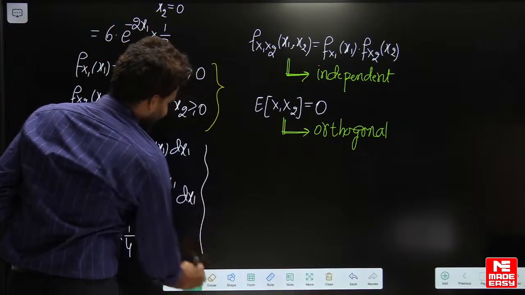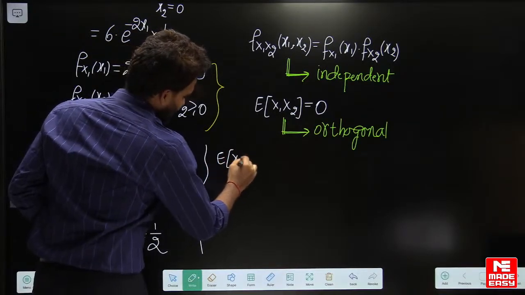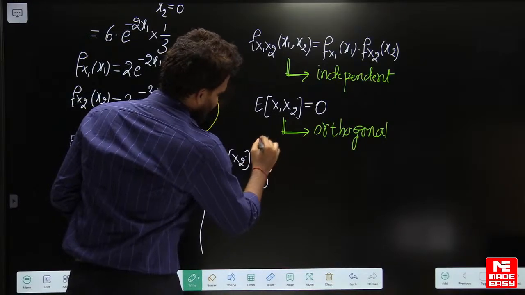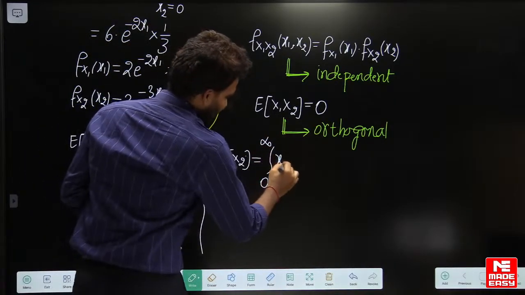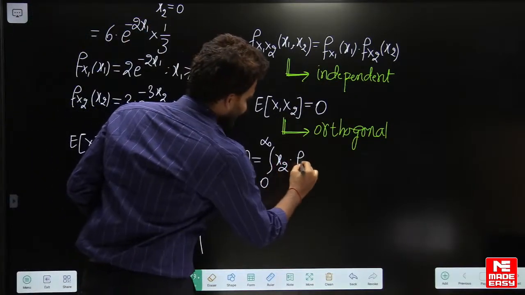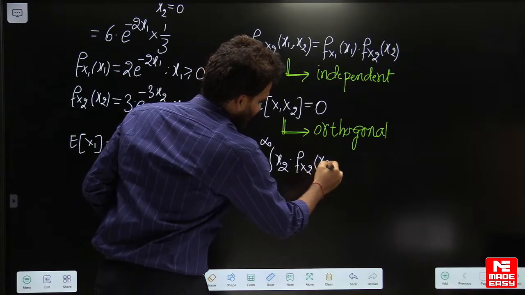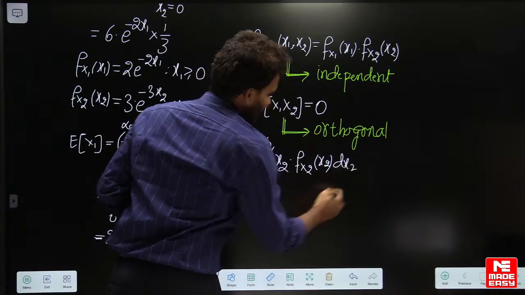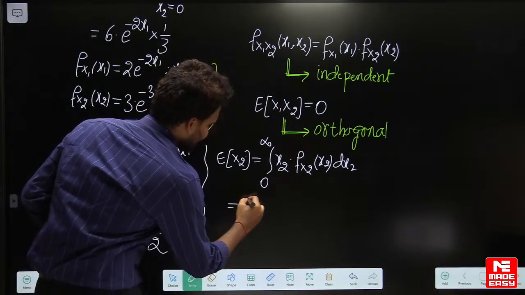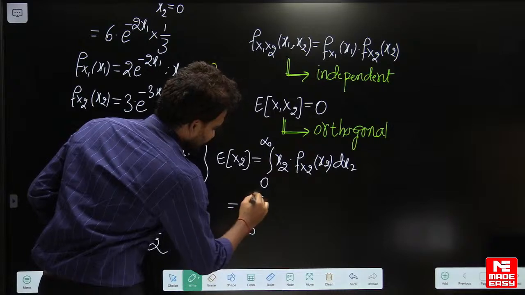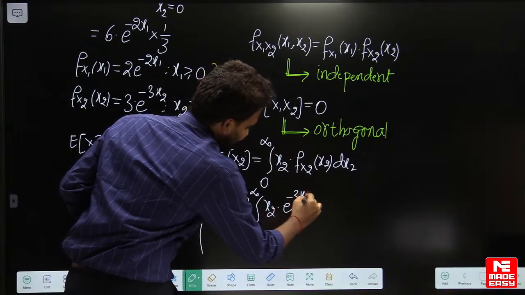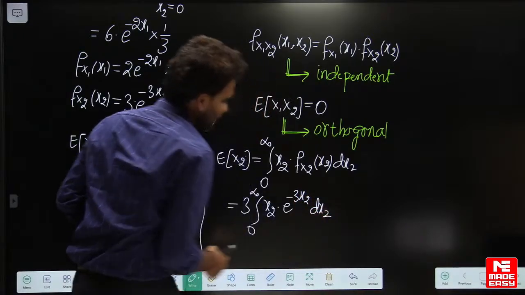Similarly, the expectation of x2 is the integration from 0 to infinity of x2 times the density function of x2 dx2, and it will be 3 times 2 x2 into e power minus 3x2 dx2.